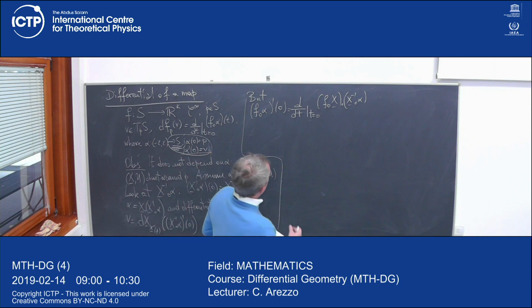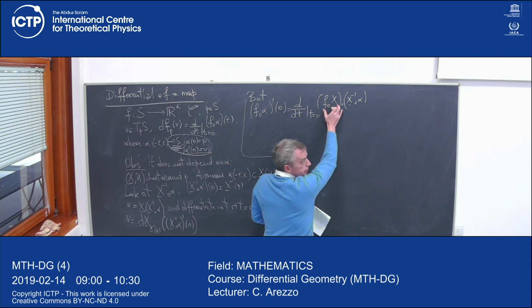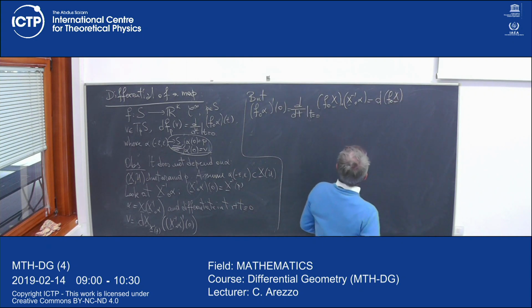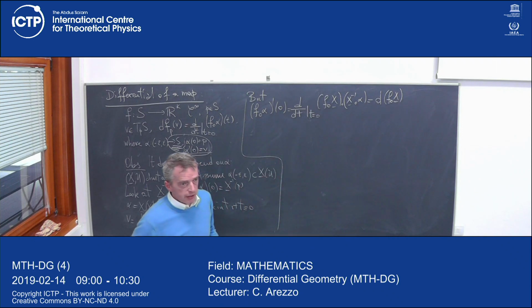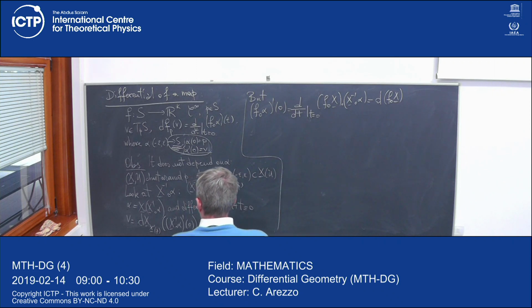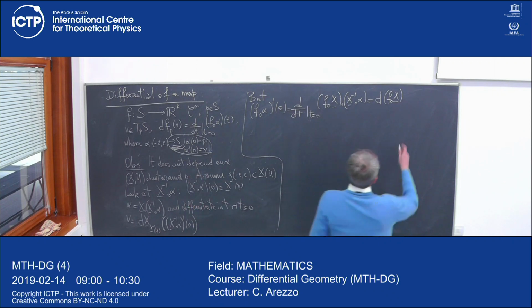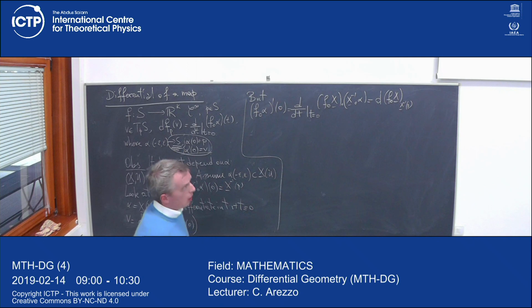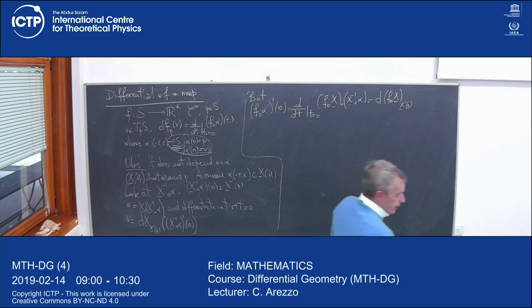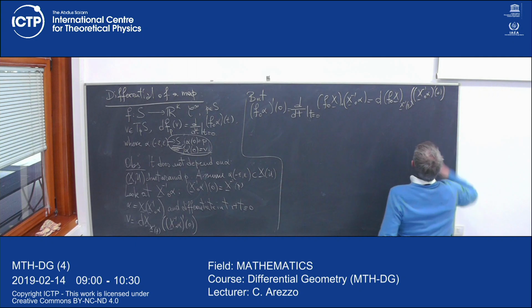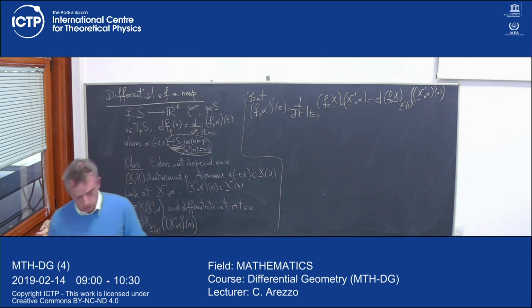Well, this is the differential of this map evaluated at the point X inverse of alpha of 0. So maybe I should have given it a name, X minus 1 of P. Of which vector? Of X prime composed alpha prime at 0. Oh, it's better to exaggerate with brackets. Okay, this is just by general theory.